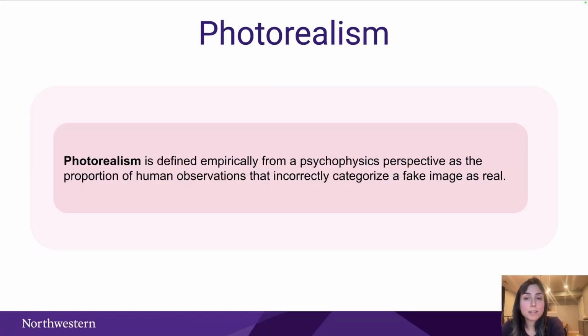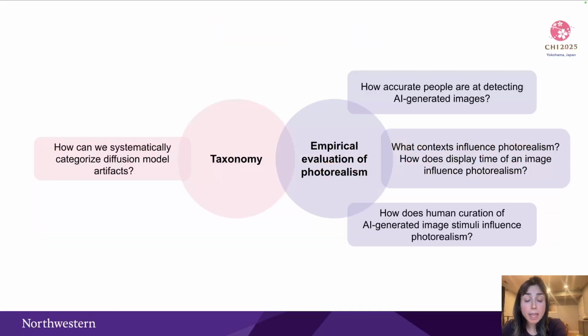This gives me a nice opportunity to define photorealism. We're going to define photorealism in an empirical way from a psychophysics perspective, that is, the proportion of human observations that incorrectly categorize a fake image as real. Now that we have a sense of what photorealism means and how it connects to diffusion model failures, let's look at how our research breaks this down into two main parts.